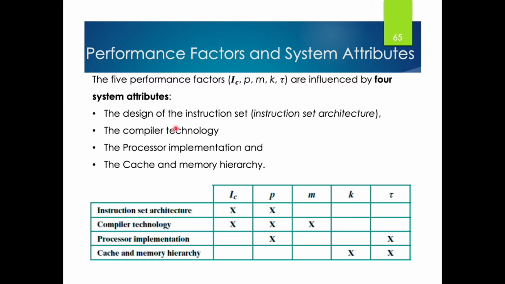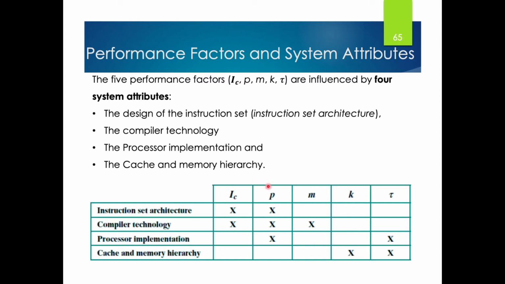And now we want to take a look at the relations between the performance factors and the system attributes of the processor. There are 4 system attributes that we want to take into consideration here: the instruction set architecture, the compiler technology, the processor implementation, and the cache and memory hierarchy.